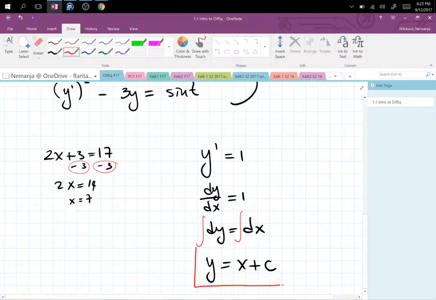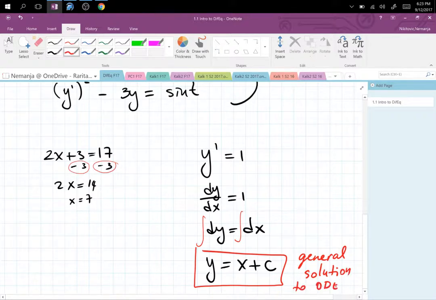This over here is your general solution to, we usually say ODE, ordinary differential equation, because we have differential equations like dynamical systems and so on.